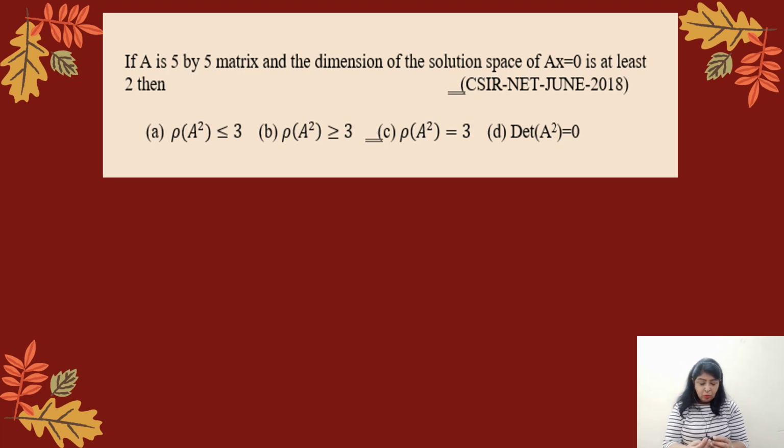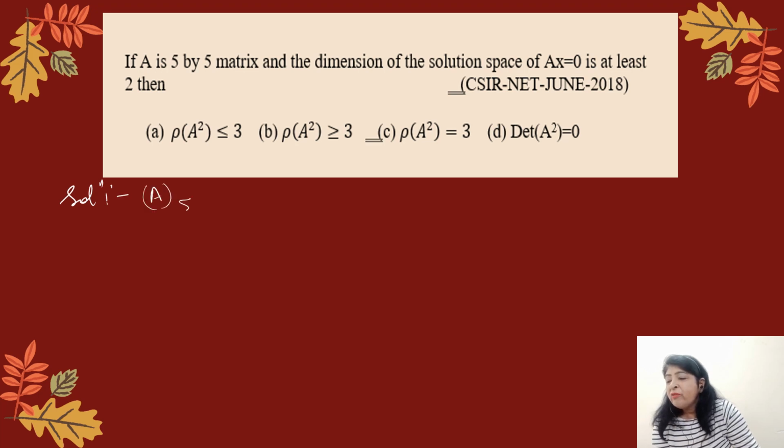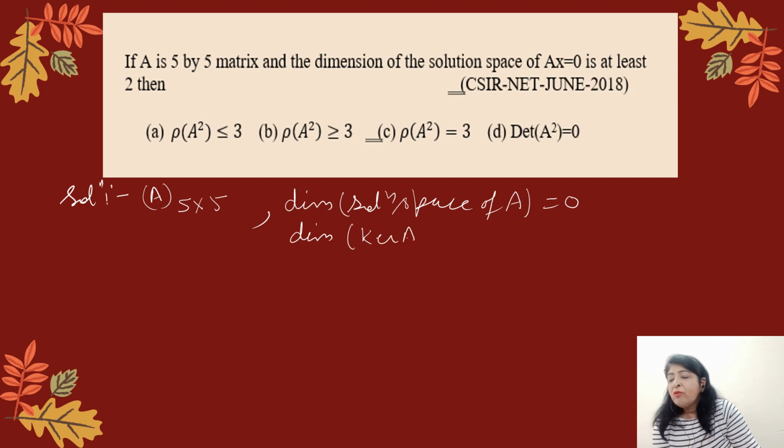So what is given to us? A is a matrix of order 5 by 5, and the dimension of the kernel of A, the nullity of A, is at least 2.